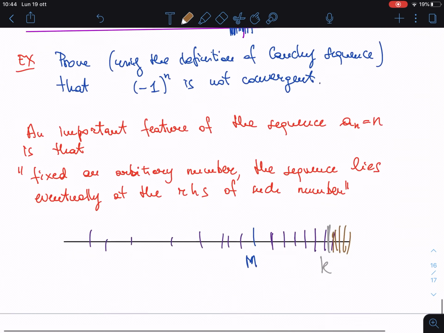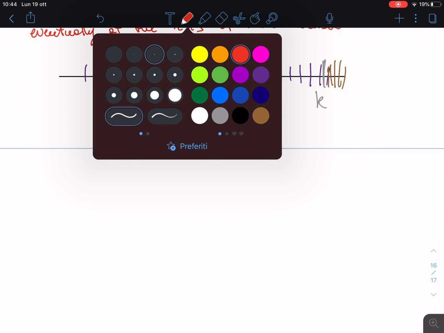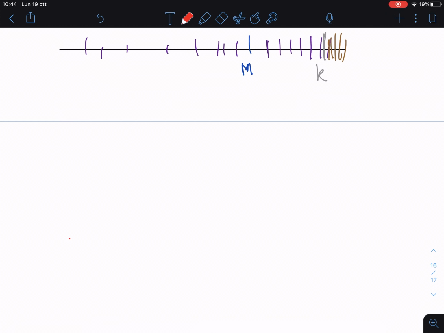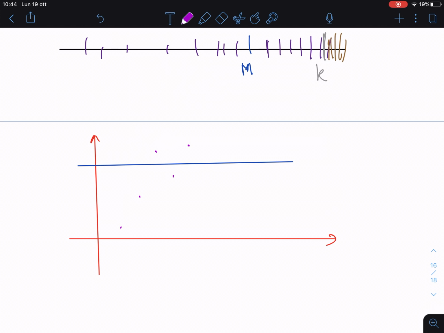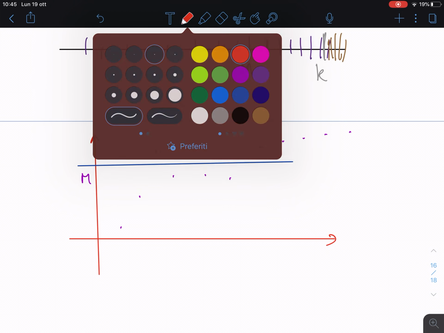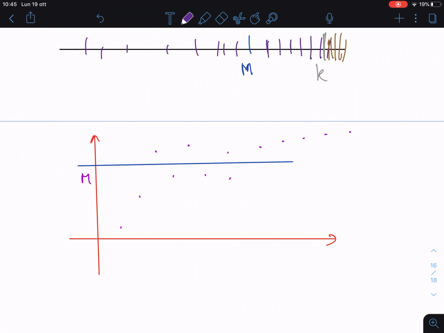And from the other point of view, the point of view of the graph of the function, eventually the sequence lies here, beyond a fixed m, then you fix another one, k, for instance, here, and eventually the sequence is beyond k, okay?